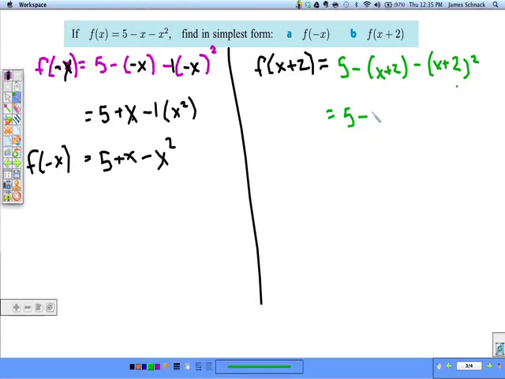So we have 5 minus x minus 2, that's this part, minus, now I have to expand. Remember, x plus 2 times x plus 2, x squared plus 4x plus 4.